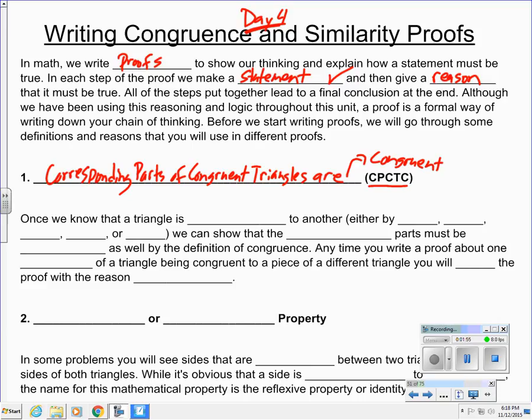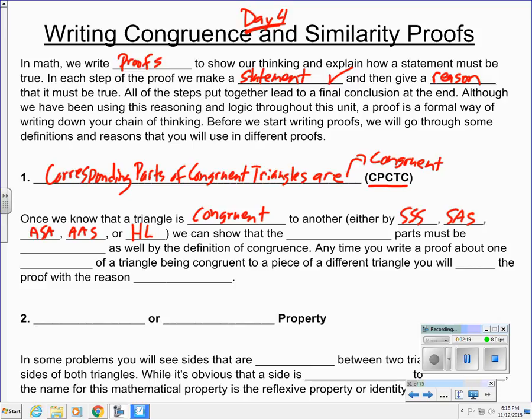So what that means is once we know that a triangle is congruent to another triangle, which again we can see using our shortcuts, either side, side, side, or side, angle, side, or angle, side, angle, or angle, angle, side, or hypotenuse leg.